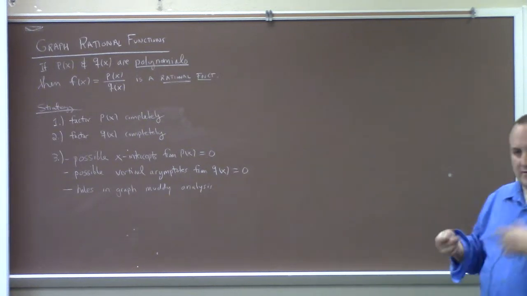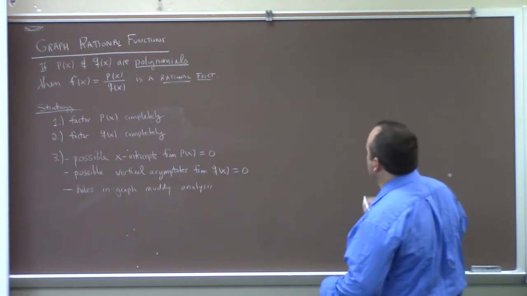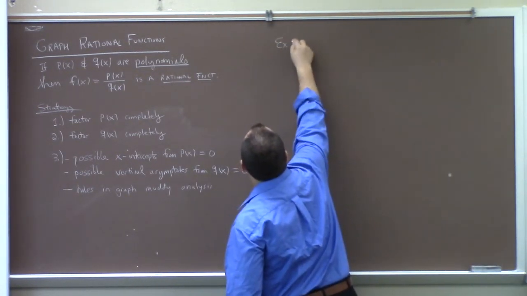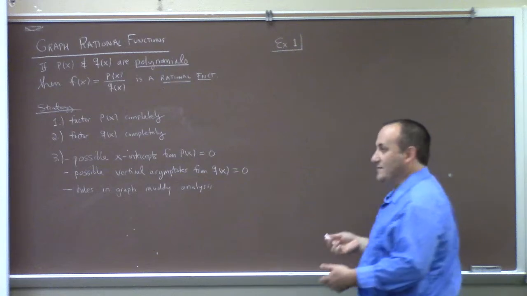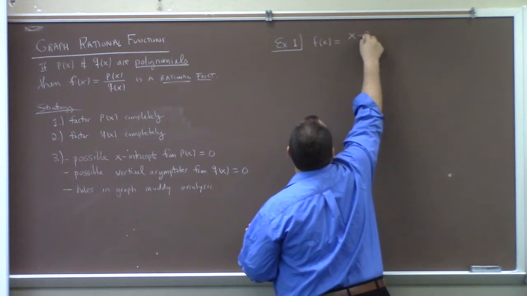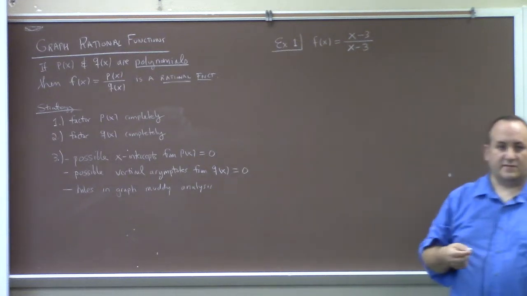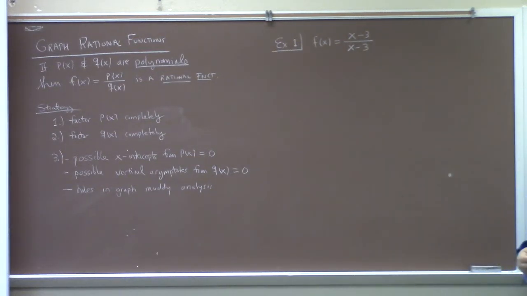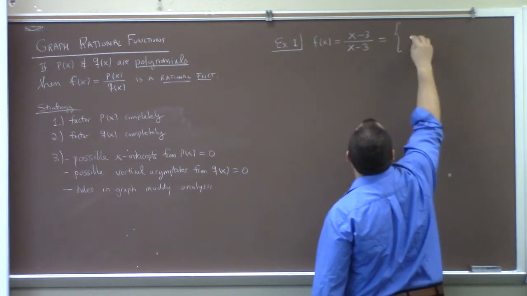All right. Let me start giving you some examples to expand on what I mean by 3 here. Example 1, I'll make completely about the hole in the graph. This is a very silly example. But suppose we had f of x equal to x minus 3 divided by x minus 3. What's the domain of this function? You mean the range is 1, right?